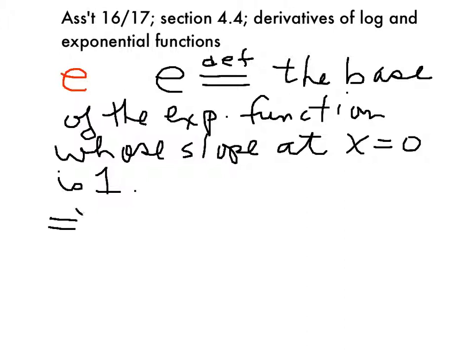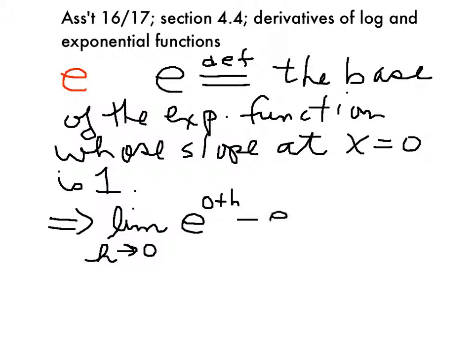This implies, then, that if we look at the definition of the derivative, we have the limit as h goes to 0. The derivative of e to the x at 0 is this: e to the 0 plus h minus e to the 0 all over h, and that has to equal 1.